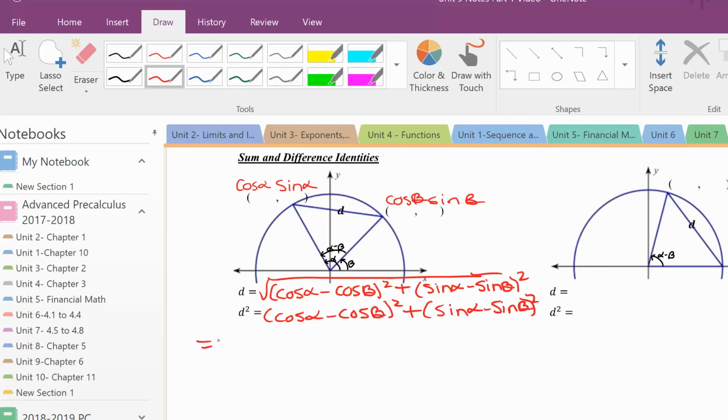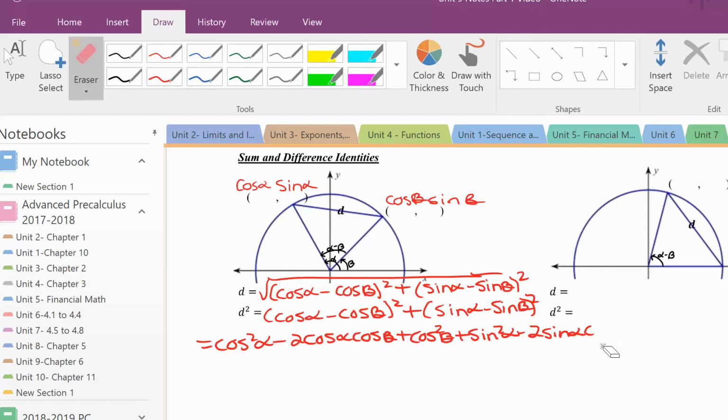Then you do the FOIL, so you get cosine squared alpha minus 2 cosine alpha cosine beta plus cosine squared beta. And then the same thing here, plus sine squared alpha minus 2 sine alpha sine beta plus sine squared beta.